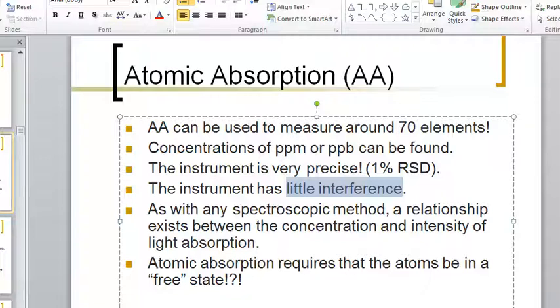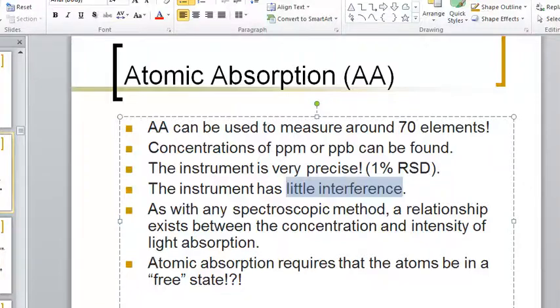But the AA will allow me to detect only one of those components if I want to, and very few things will interfere with that process. So that makes this a very good instrument because I don't worry about contamination from the other components in the sample that I'm trying to analyze. I don't need to clean up the sample, in other words.